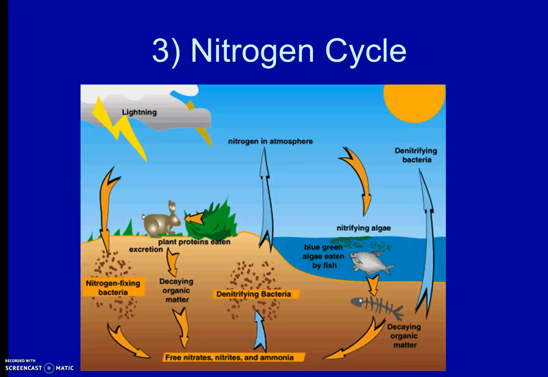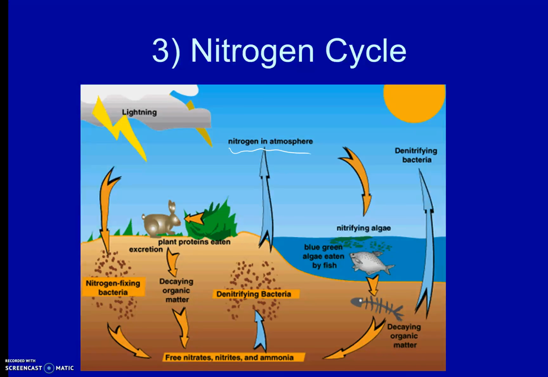The nitrogen cycle. Now, nitrogen is in our atmosphere, but we don't breathe it in, and neither do plants. Plants take in carbon dioxide for photosynthesis, and we breathe in oxygen. So nitrogen actually makes up a huge portion of the Earth's atmosphere.